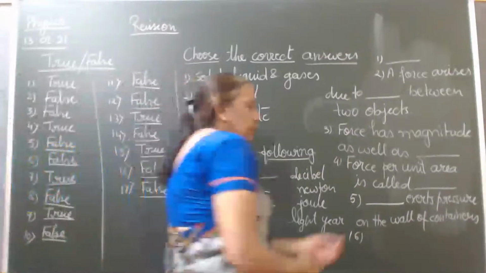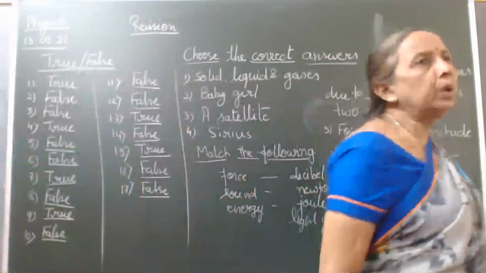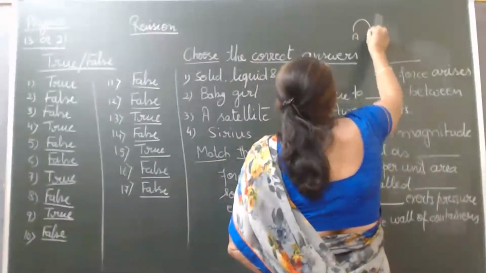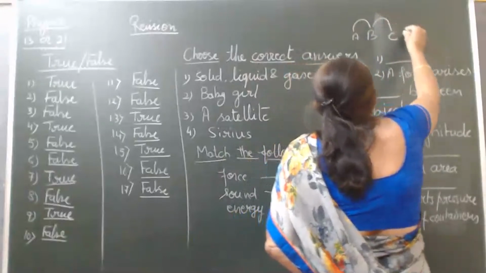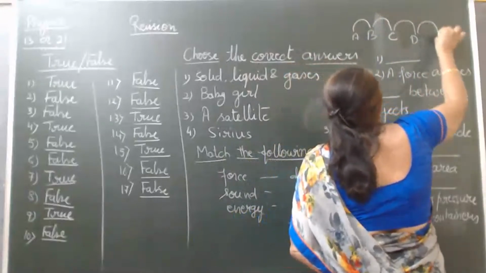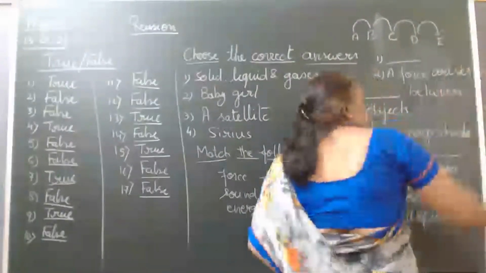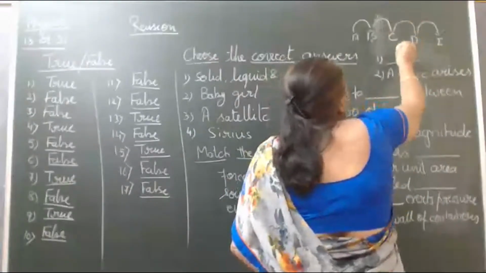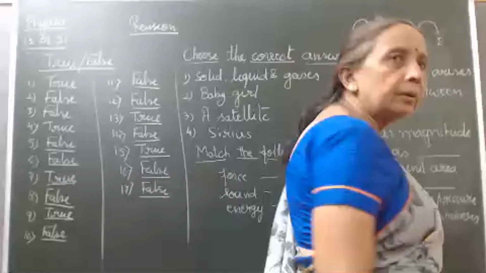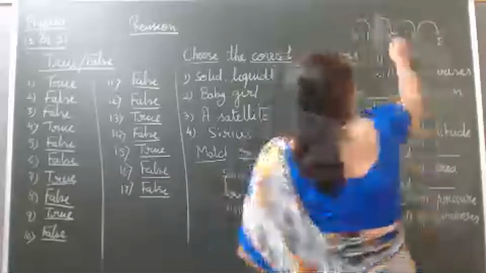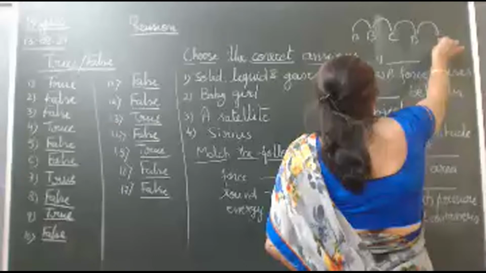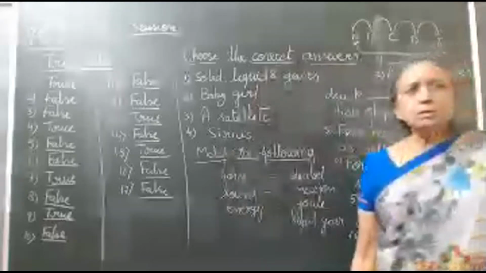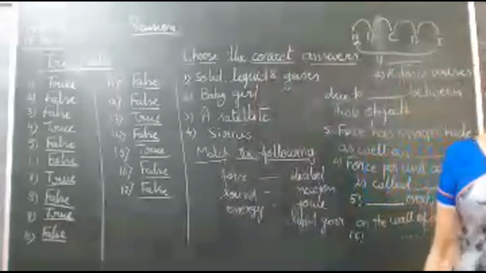Then you sit side by side or in a round, and you pass the question from A to B, then B to C, then C to D, and D to E. If B does not give the answer, then the question goes to C, and C will get the bonus marks. And from C to D, to E, to A. So everyone has the chance to ask questions to the others.